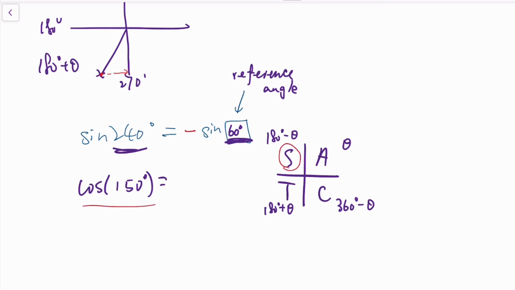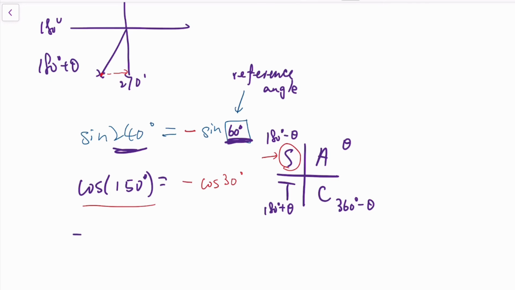So we should think 180 minus what gives you 150. So that should be 30. That would mean the reference angle is 30, and so cosine 150 must be the same as cosine 30. And then we think whether that's positive or negative. So in this quadrant it says S, which means only sine will be positive. That means cosine is negative.